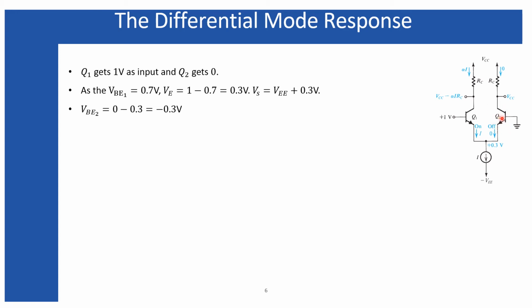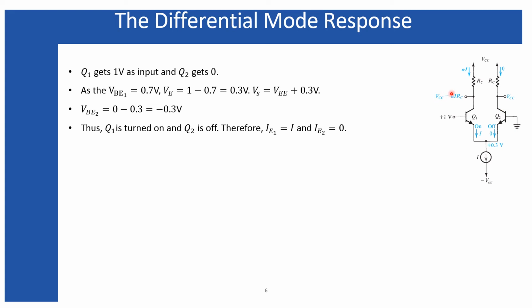Therefore, transistor Q2 is turned off and Q1 is turned on, and since Q1 is turned on, the entire current I will appear as the emitter current of Q1, and the emitter current of Q2 is 0, and that is why its collector current is also 0.